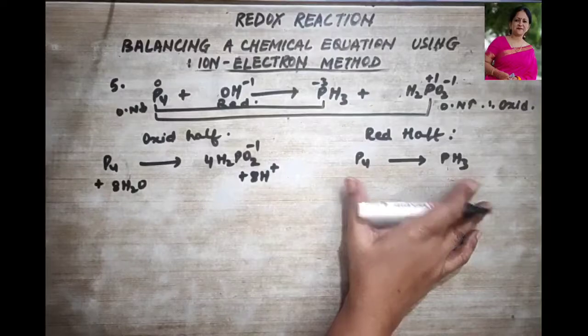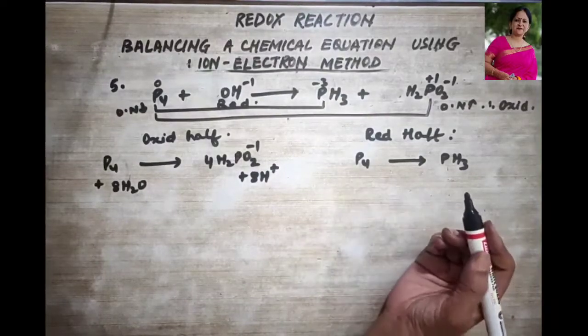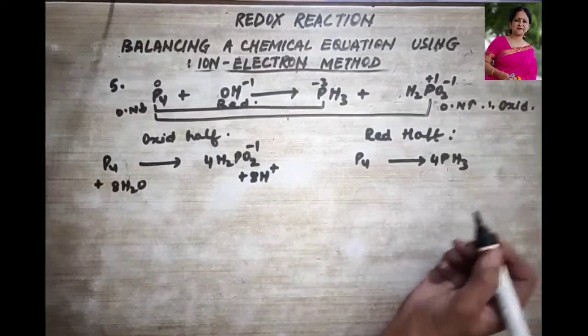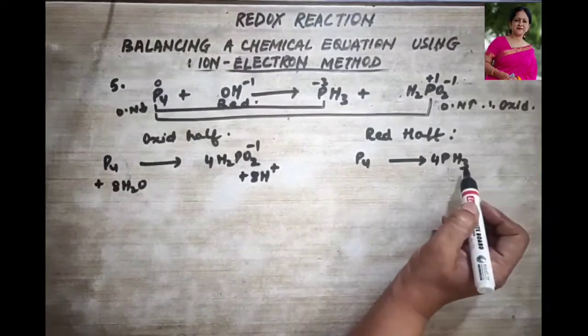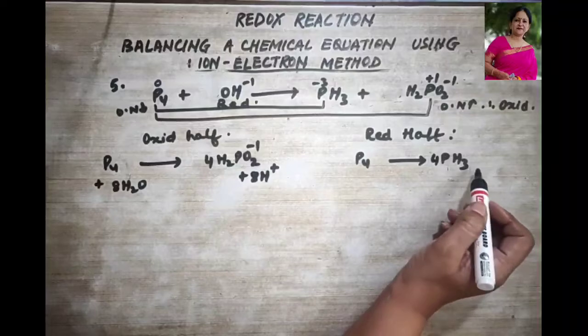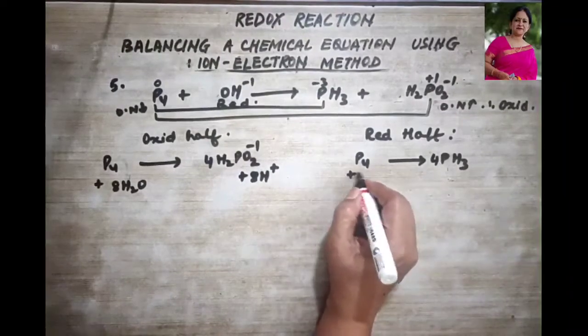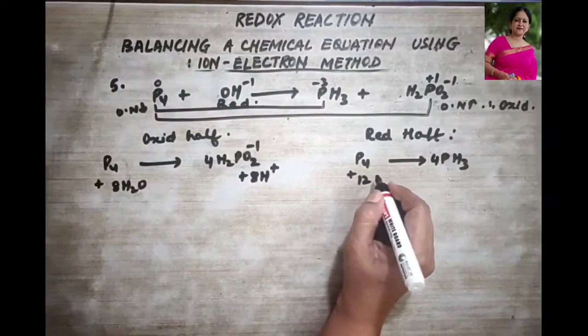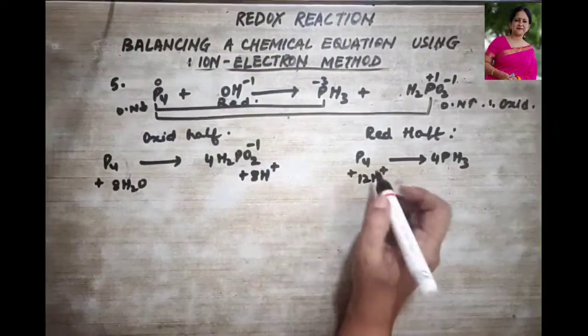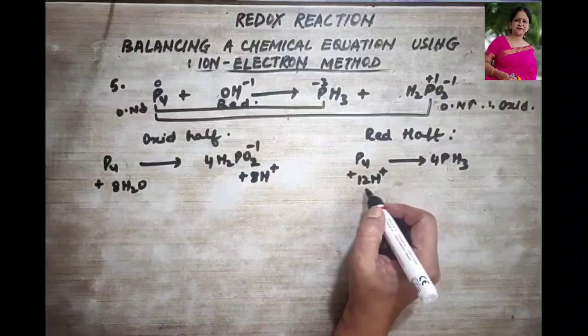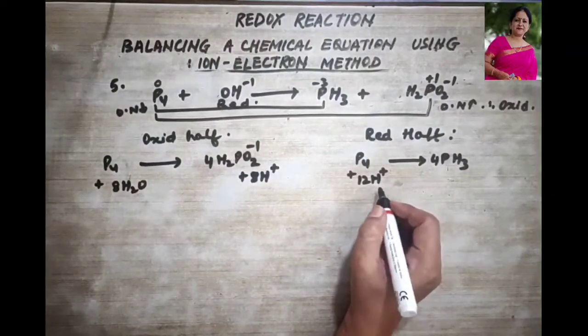In the reduction half, what do we see? This is 4 phosphorus, so we make it 4 phosphorus. No oxygen is there. Hydrogen, 4 3s are 12. If there are 12 hydrogen, what do we do over here? Plus 12 H ions. Okay. Now let us look at the charge over it. What is the charge over here? 12.